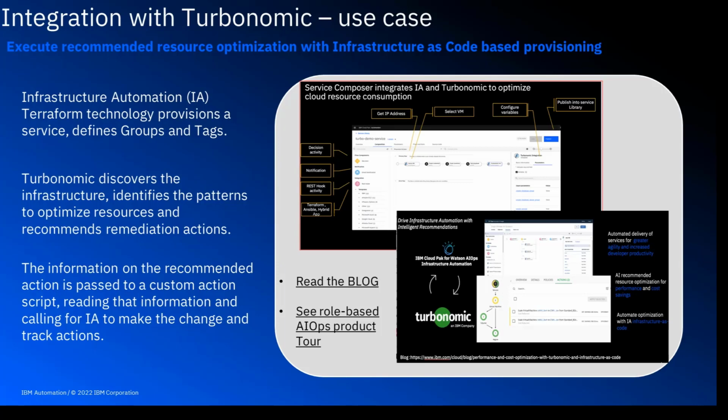This integration between IA and Turbonomic allows the two systems, or the two parts of the AIOps portfolio, to work seamlessly together. So the integration is such that when a resource is provisioned through infrastructure automation and configured during day one types of scenarios, then we inform and update Turbonomic about that.